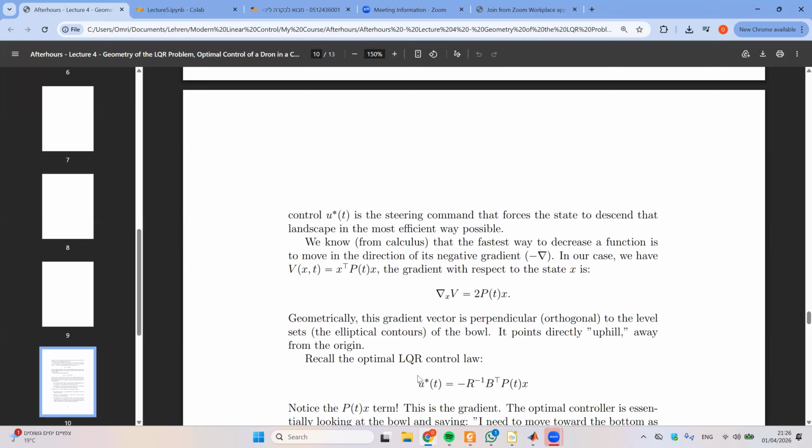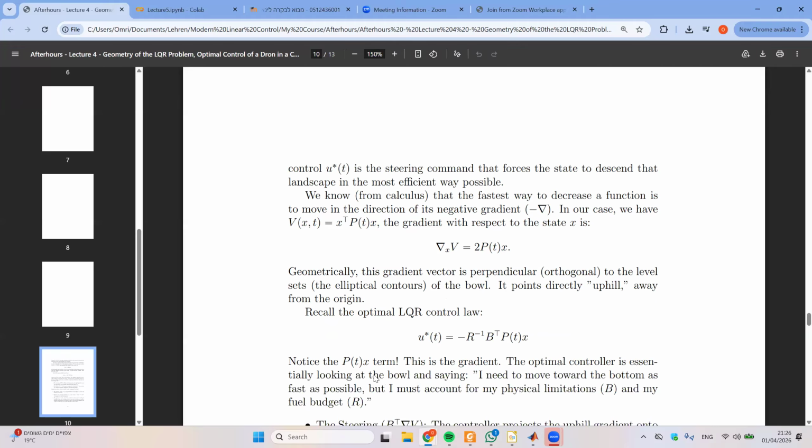clearly we have two things we need to take into account here. We need to take into account the fact that the inputs reach the system through the matrix B, and we also need to take into account the fact that using the inputs costs us.